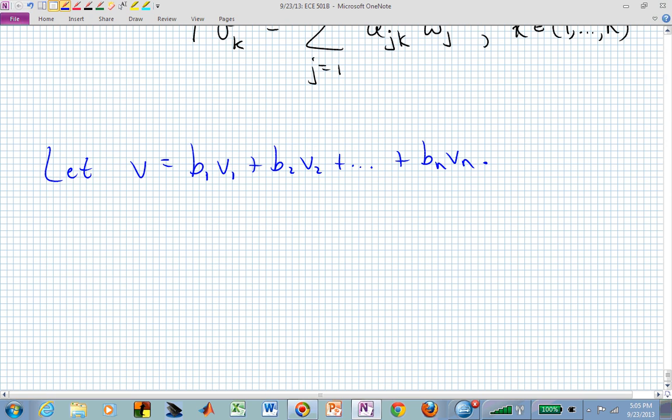Now, if we map V through this linear map T, that's going to be B1 times TV1 plus B2 TV2, etc., down to B sub n T V sub n.